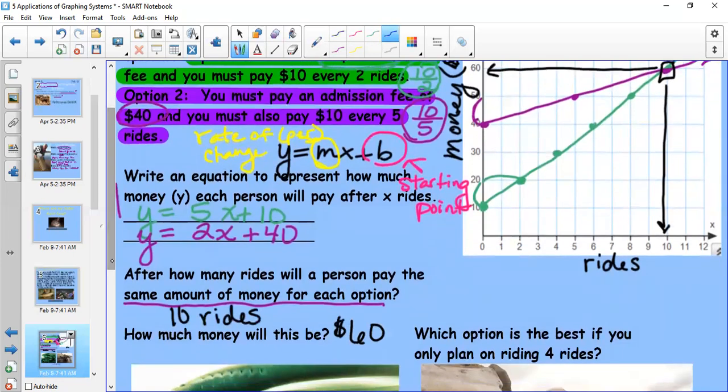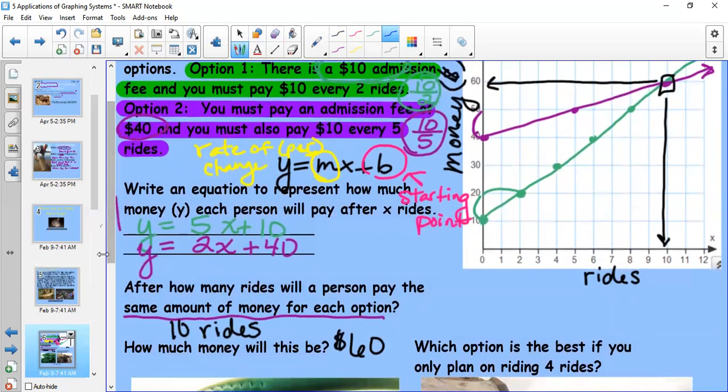All right, last question. Which option is going to be the best if you only plan on riding 4 rides? Okay, option 1 here is in green, so if I find 4 rides, I'm going to go up. Option 1 costs $30. If I keep going up, option 2 is 40, almost $50, 40 something, maybe 48, I don't know, I'd have to plug it into my equation, but I know that that is going to be more than option 1.